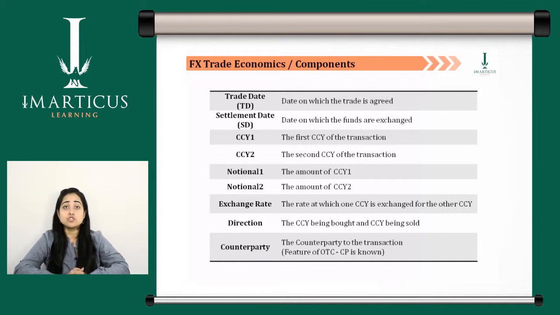Similarly, you have notional 1 and notional 2, which are the amounts of CCY1 and CCY2 respectively. Next, you have exchange rate. The exchange rate is the rate at which one CCY is exchanged for another CCY. Direction refers to the CCY being bought and the CCY being sold, and counterparty refers to the other party in an FX transaction.